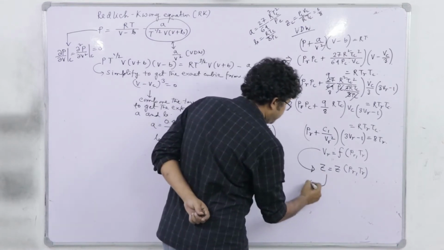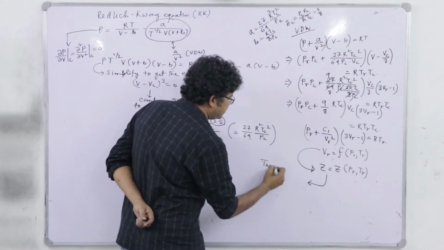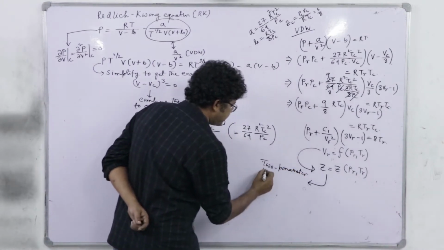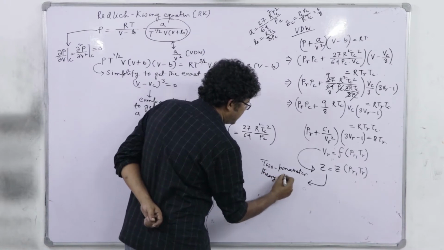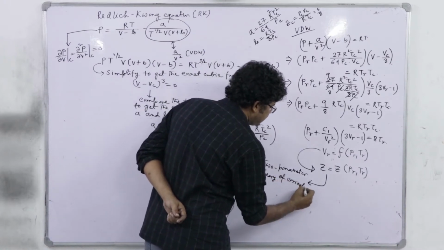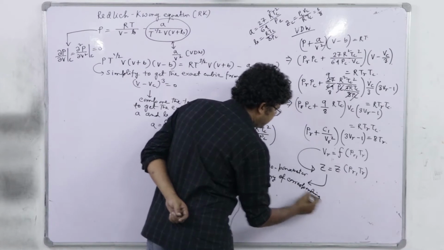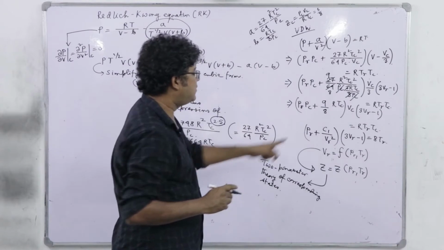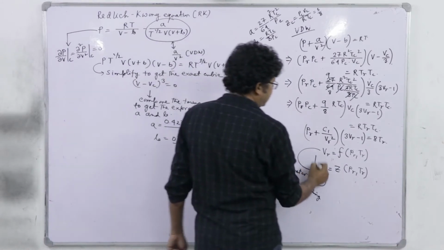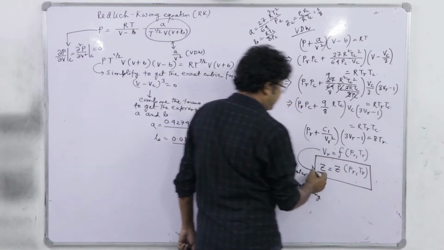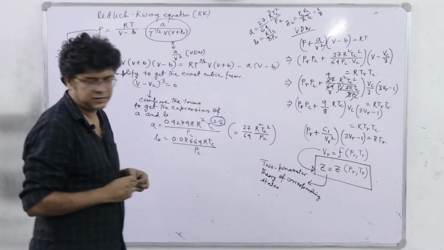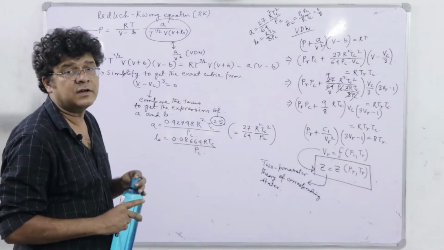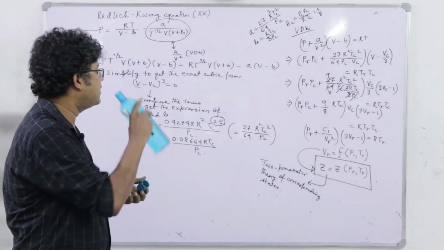And this is called the two parameter theory of corresponding states, right, which explicitly specifies that if the reduced pressure and reduced temperature are the same, then definitely we will have the same deviation of the real gas behavior from that of the ideal one.